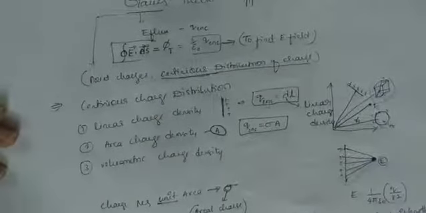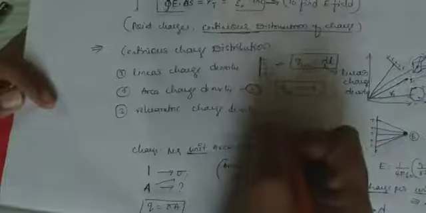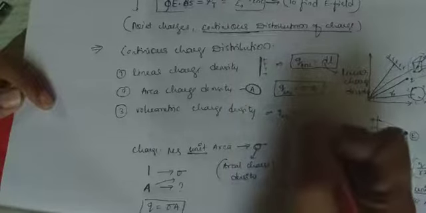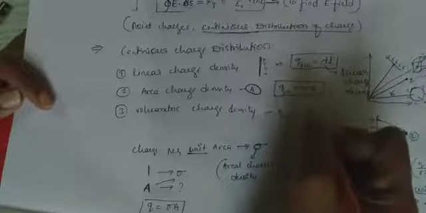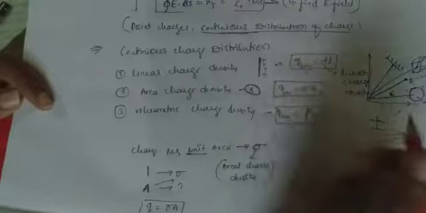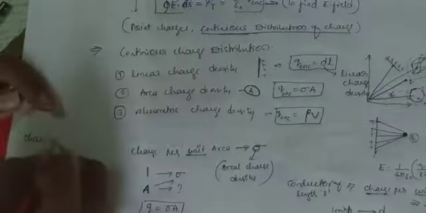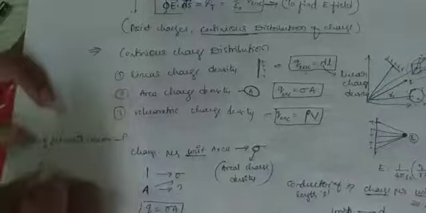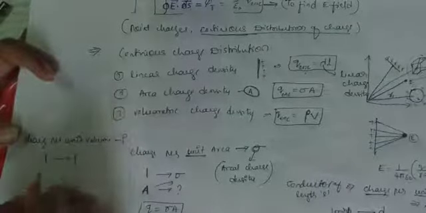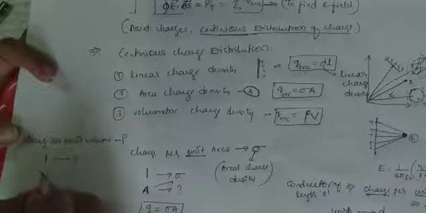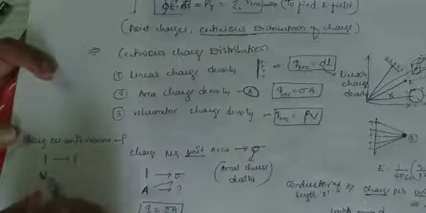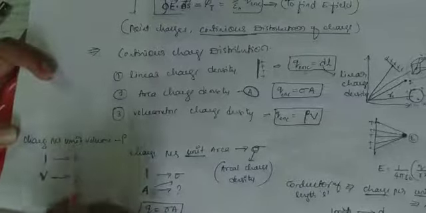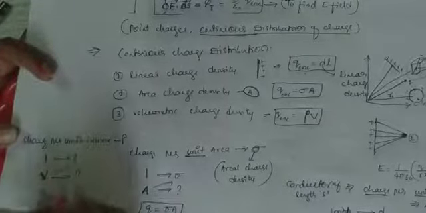The charge per unit volume is rho. So for 1 unit volume the charge is rho, then for the total volume of the sphere or any volumetric body, the charge enclosed must be equal to rho into V.